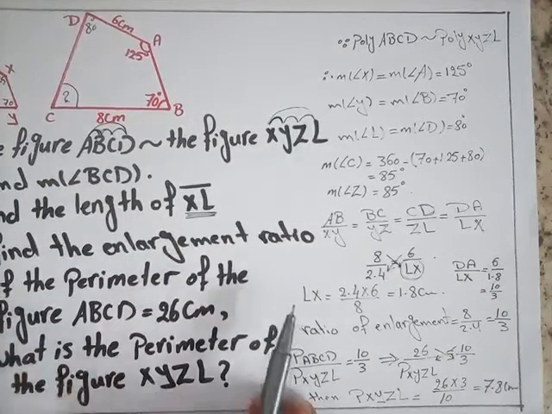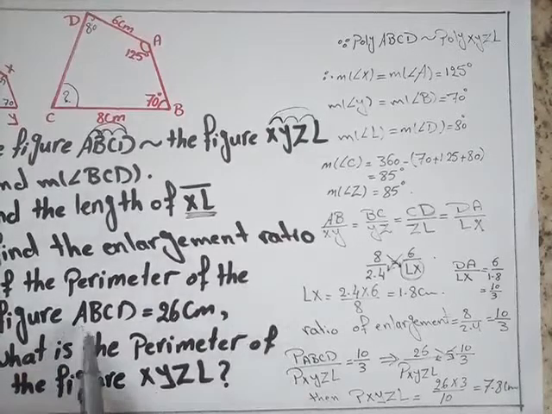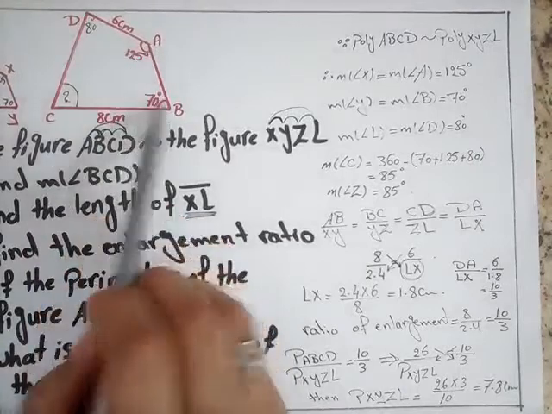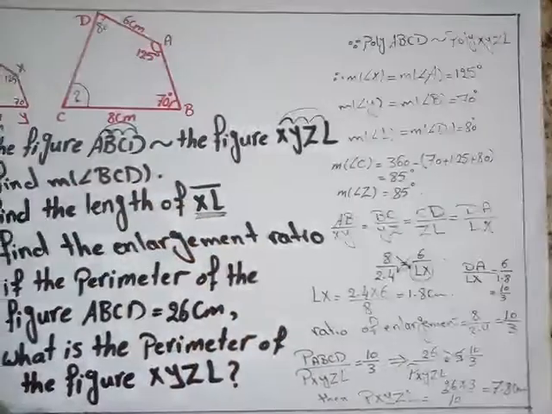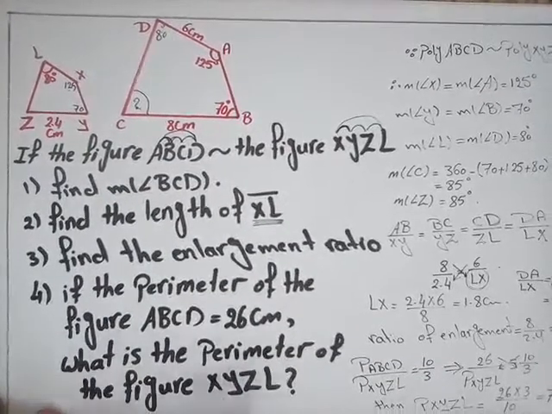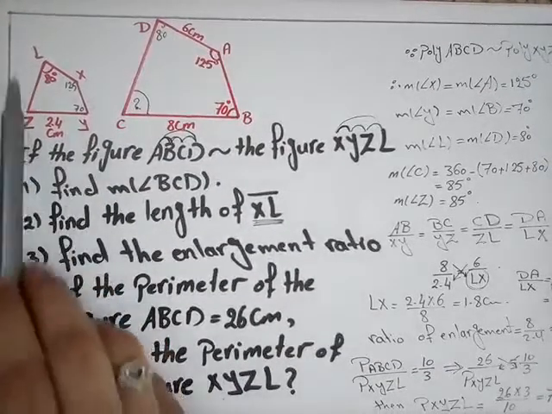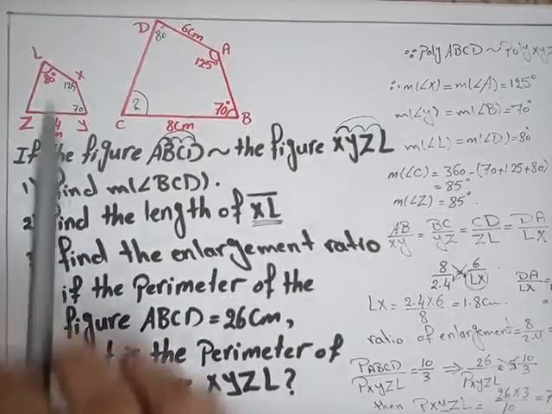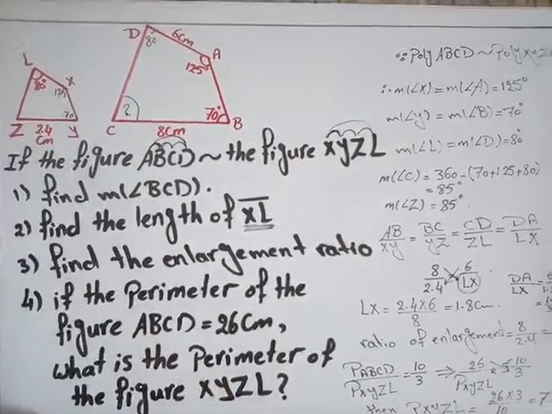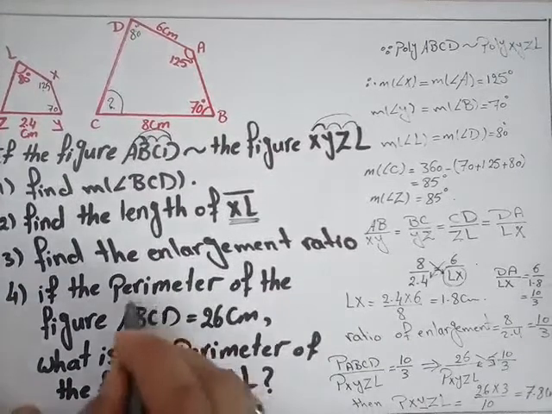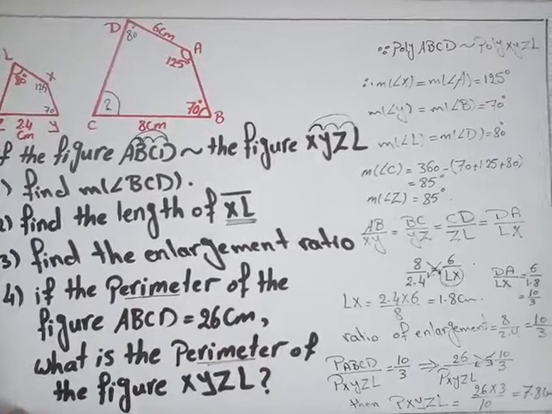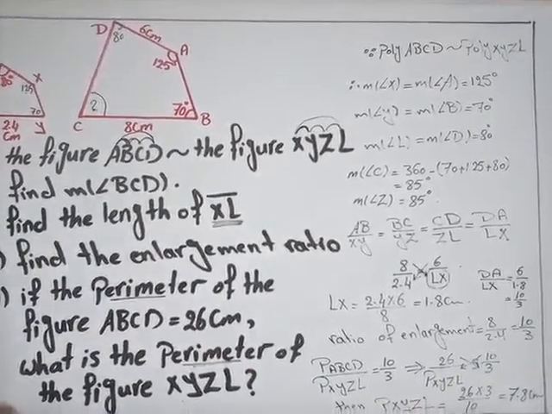Number four, if the perimeter of the figure ABCD is 26, find the perimeter of the polygon XYZL. To find it, we said that the ratio between the perimeters of the two similar polygons equals the ratio between the two corresponding sides.